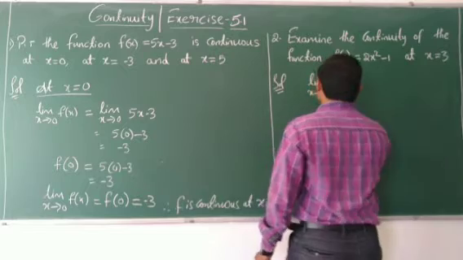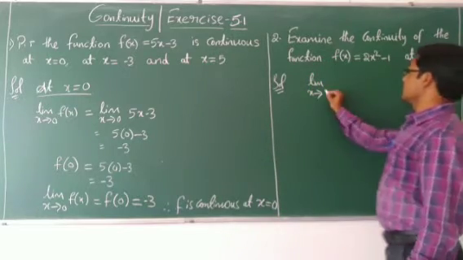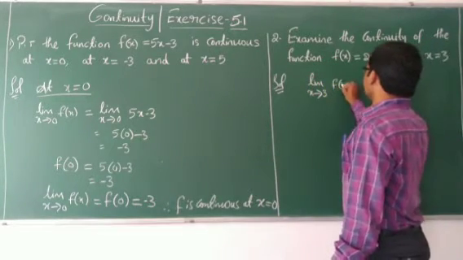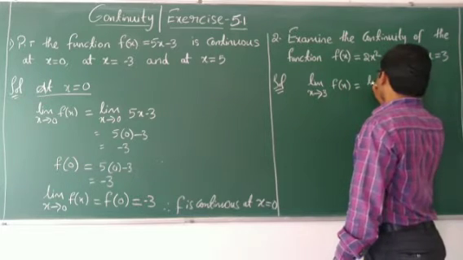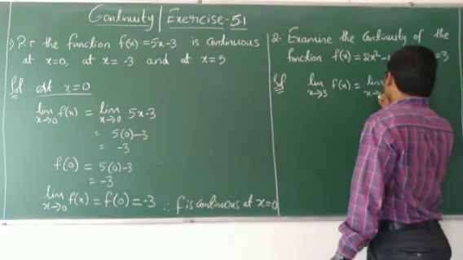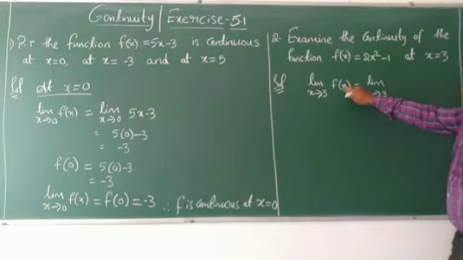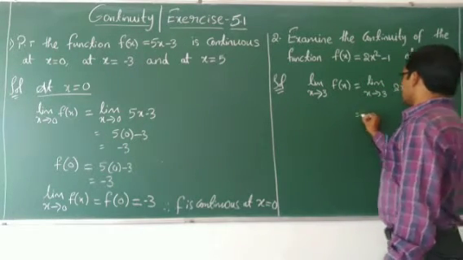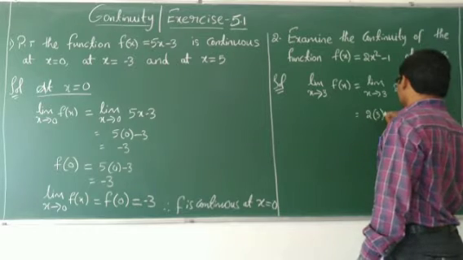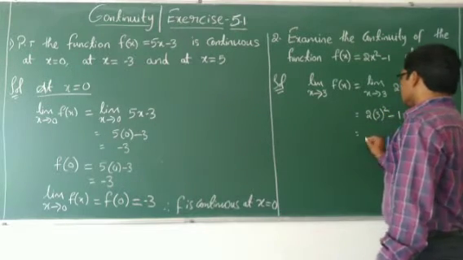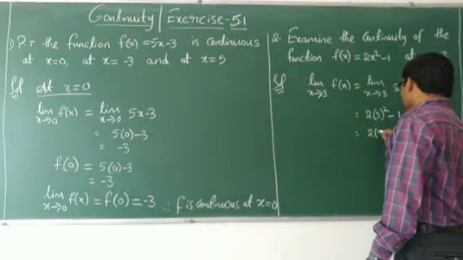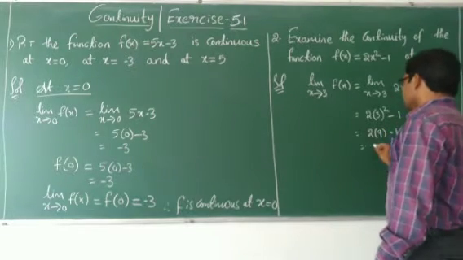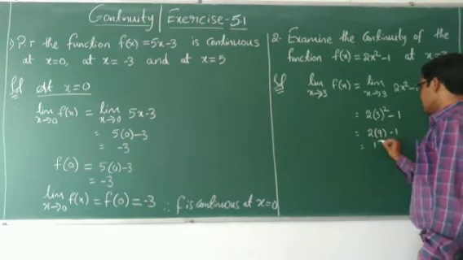Limit x approaches to 3, f of x is equal to limit x approaches to 3. What is the function? 2x square minus 1. That is equal to 2 into 3 square minus 1, which is equal to 2 into 9 minus 1, which is equal to 18 minus 1, 17.